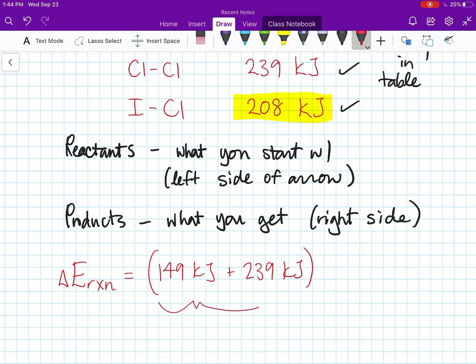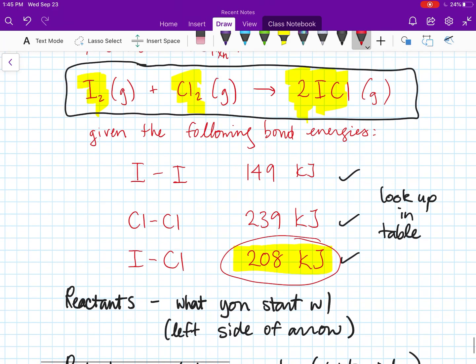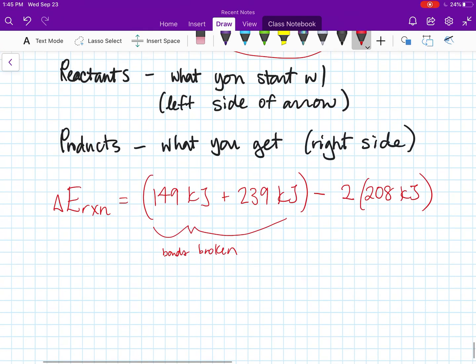So those are the bonds that get broken. And from that, we're going to subtract the 2 times 208 kilojoules because we have 208 kilojoules as the bond energy for ICl, and the balanced reaction shows that we have 2 iodine monochlorides forming in this reaction.